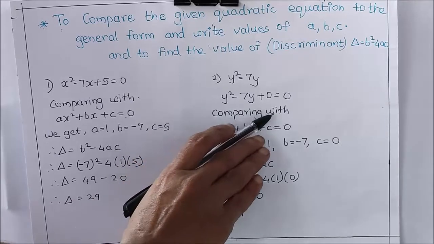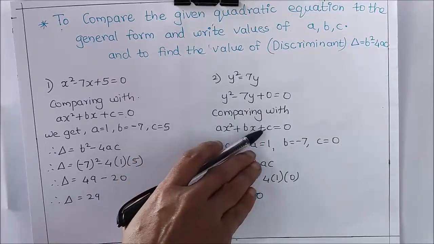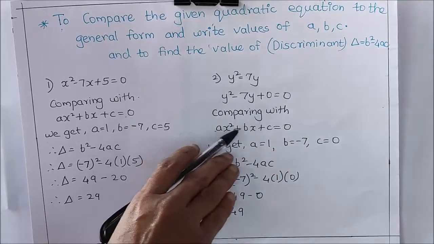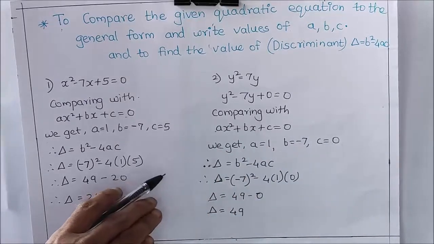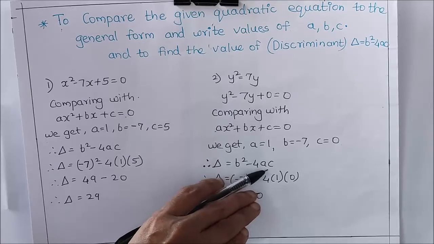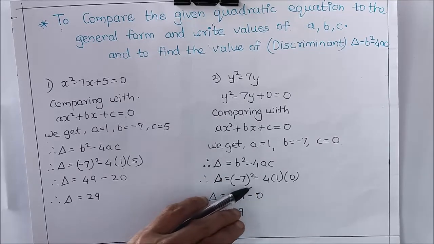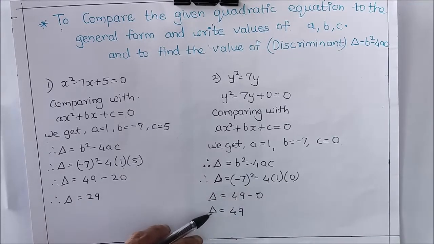Now comparing with ax square plus bx plus c equals 0, we get a equals 1, b equals minus 7 and c equals 0. Therefore, delta equals b square minus 4ac, that is minus 7 square is 49, minus 4 into 1 into 0 is 0. Therefore, we get the value of delta as 49.